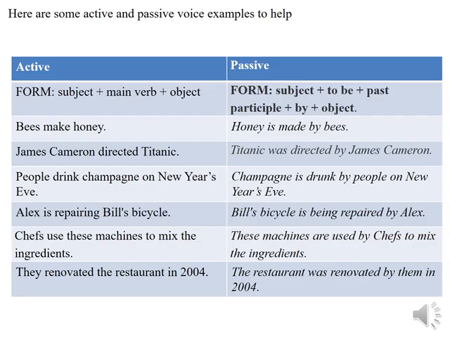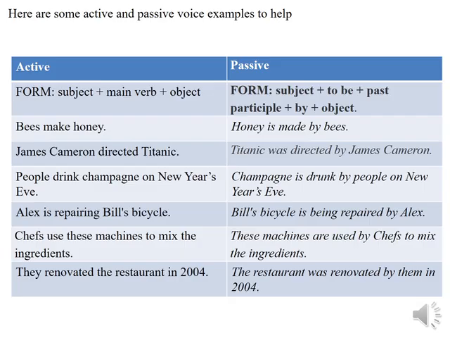It is singular, and that's why the verb also must be singular and must be present. So honey is made by bees. Now if you look at this passive voice, we have two verbs there: the be verb is, and the past participle, plus preposition plus the object.